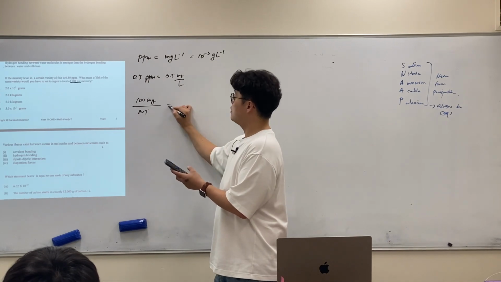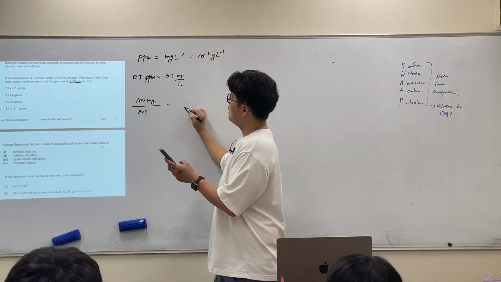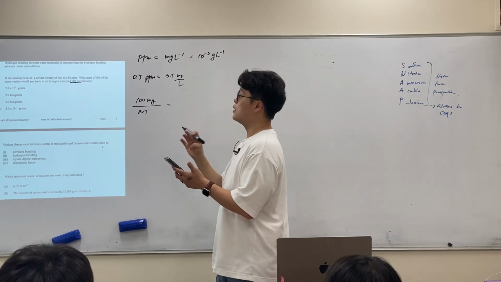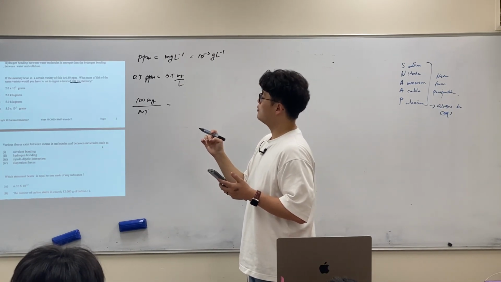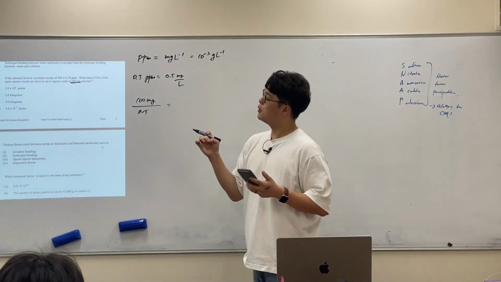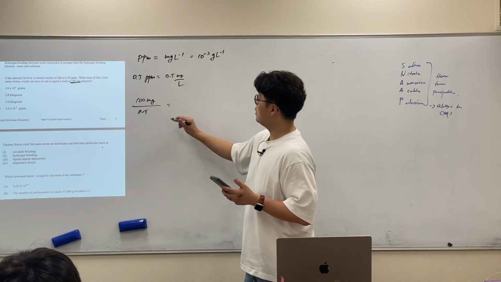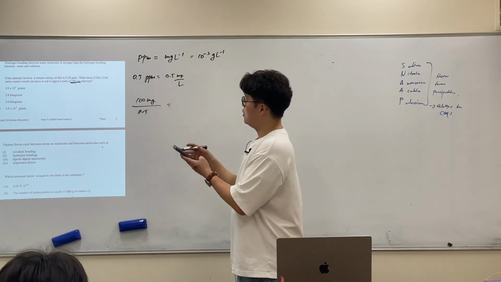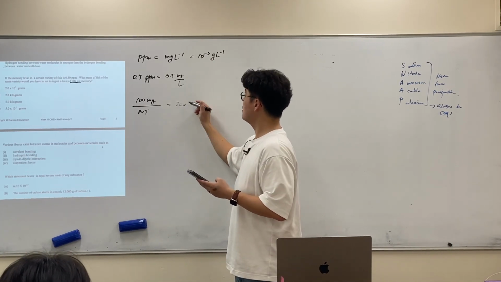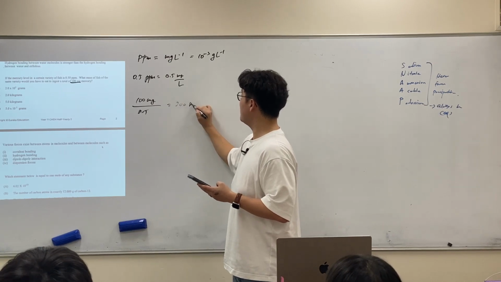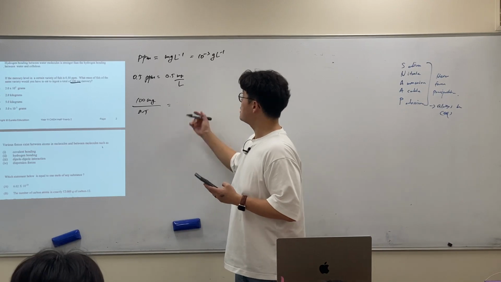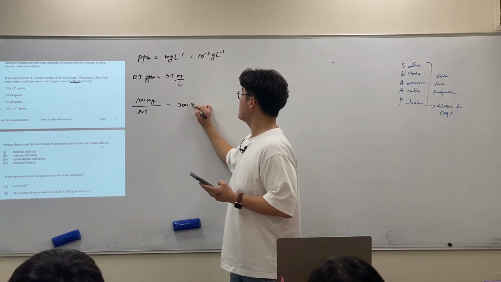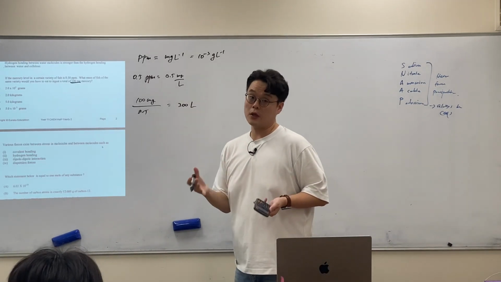That should give you 100 divided by 0.5, which is 200 liters. So you need to ingest 200 liters of that fish.